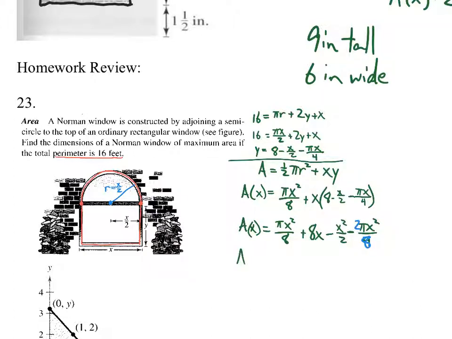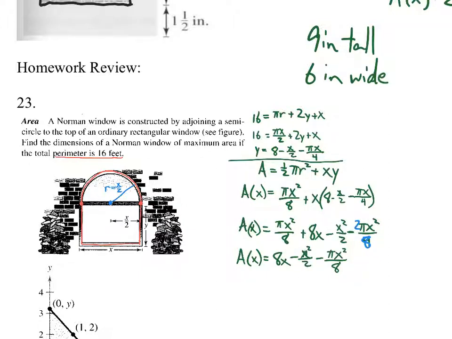So my final function, A of x, is going to be 8x minus x squared over 2 minus pi x squared over 8. I had 1 pi x squared over 8 minus 2 pi x squared over 8. That's a negative 1 pi x squared over 8. Okay? So now I'm able to take the derivative without having to mess with the product rule.